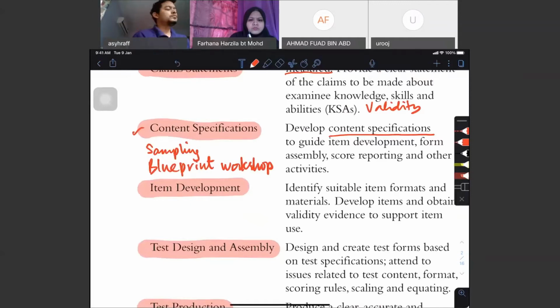So we sit down and come up with this blueprint. Sometimes we use this blueprint for more than 1 year, 2 years, then we make a new blueprint if necessary.